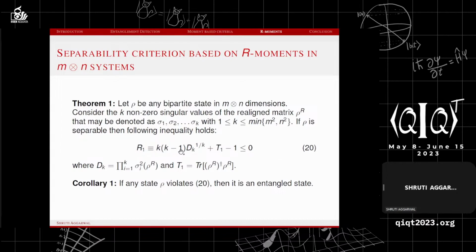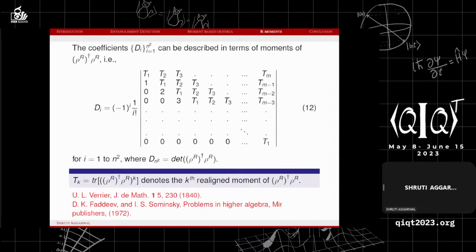That means k minus 1 times dk to the power 1 by k plus t1 minus 1 is less than or equal to 0. If this inequality is violated, then we say that the state is entangled. Here t1 is the first moment, trace of rho R dagger rho R, and dk is the product of the k singular values, which can be expressed in the form of the moments given in the formula here.